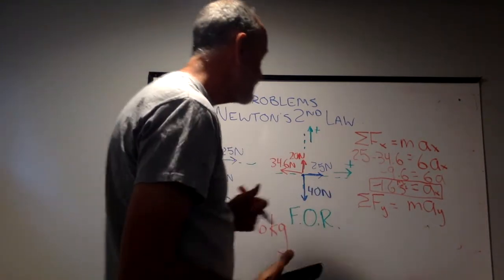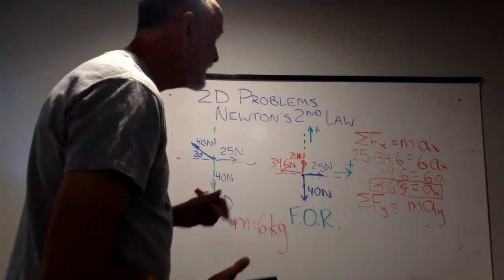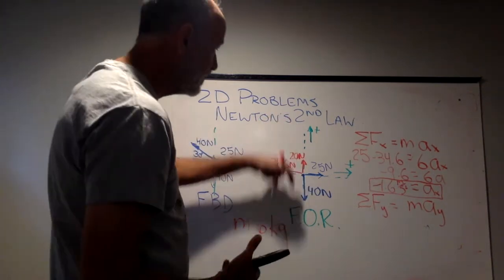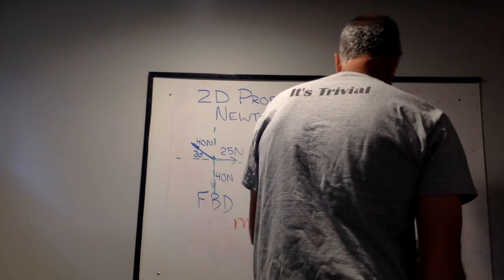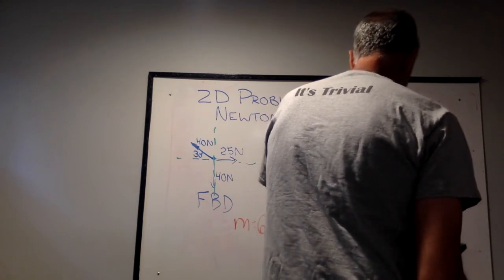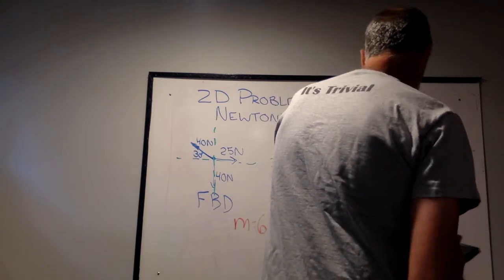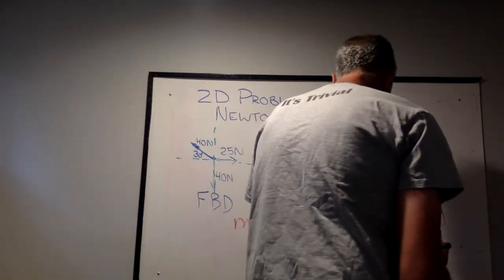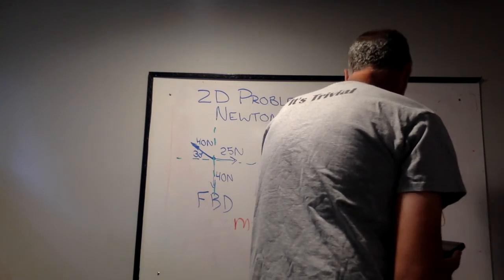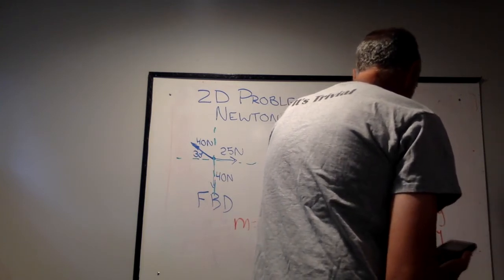Okay, then we do the y. 20 is positive plus negative 40. 20 minus 40 equals 6 times the y acceleration. Negative 20 equals 6a.